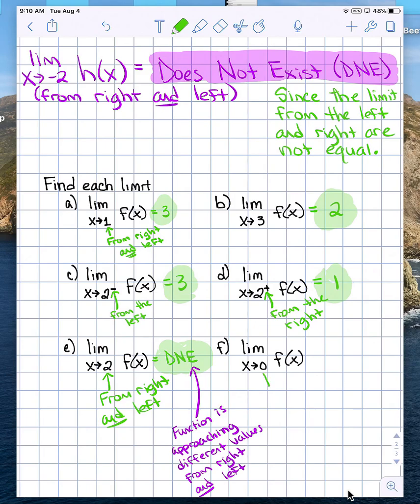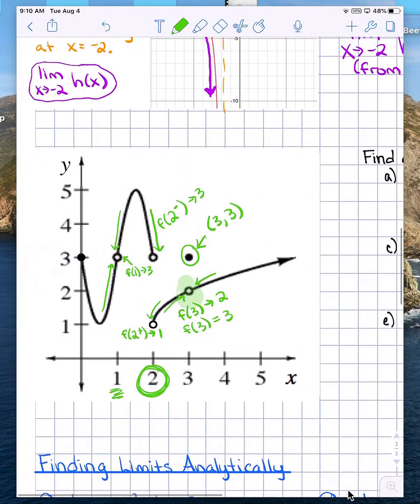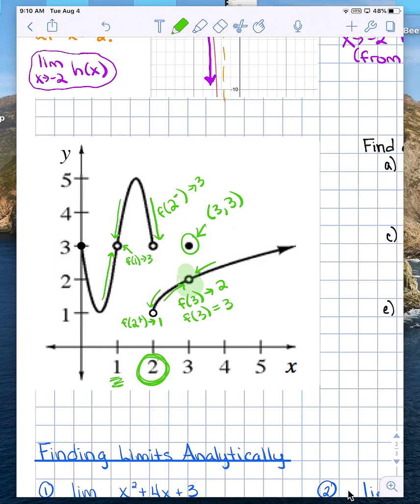Notice there's not a plus or a minus there, so we're looking from the right and left. So let's go take a look at the graph. As x approaches 0, so here's 0. From the right, I can see we're getting closer and closer to that y value of 3.